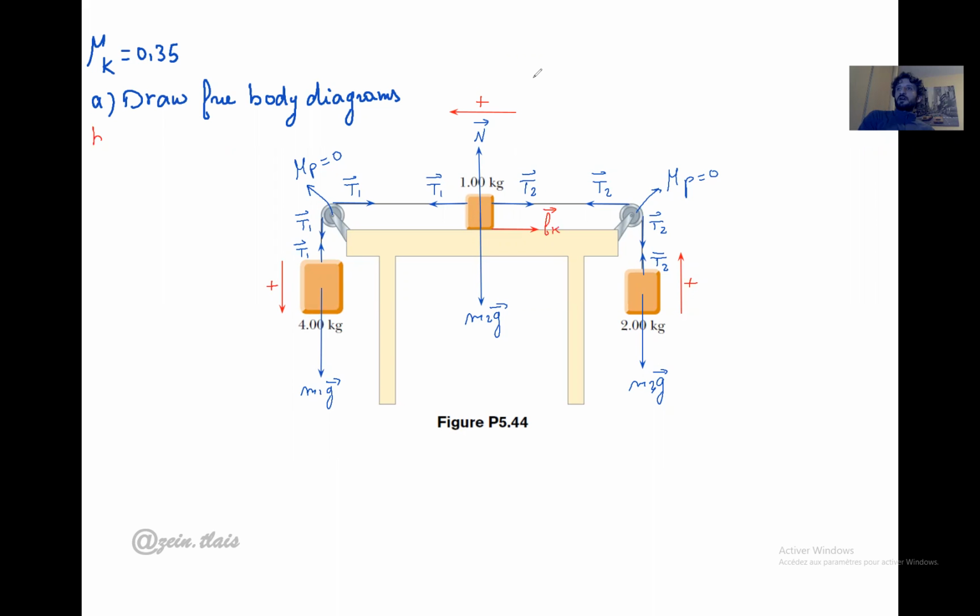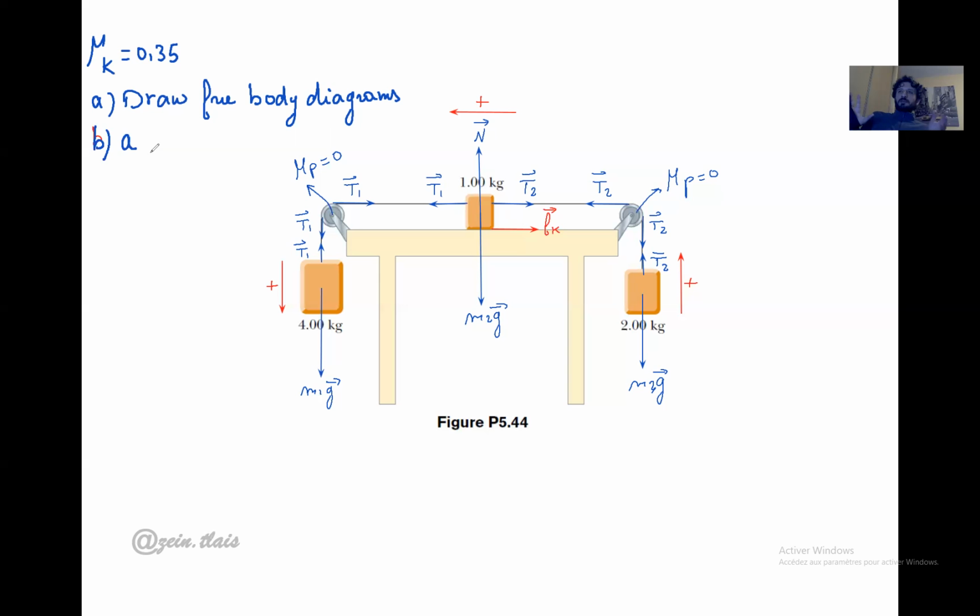B, I want to calculate the acceleration of each one. You know that to find the acceleration, we talked about this before. This kind of problem must be calculated in the same way.